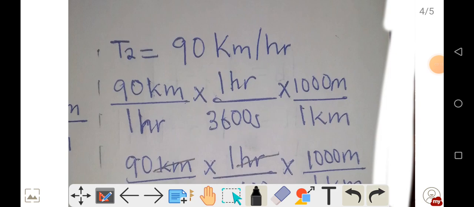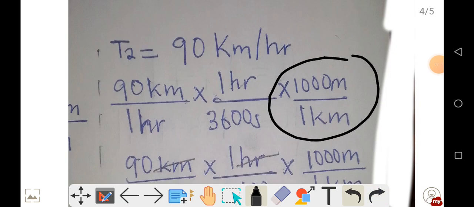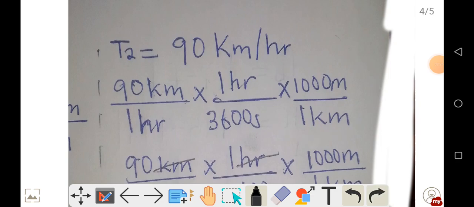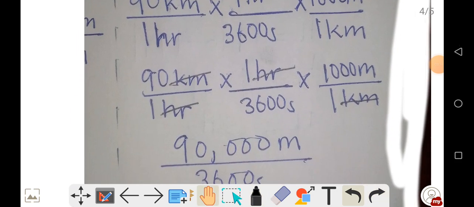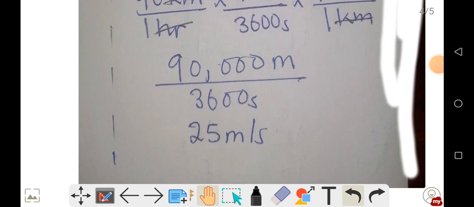The relationship of distance is written here, which is 1,000 meters equivalent to 1 kilometer. So we also punch this on a calculator, and after doing so, we are getting our speed to be 25 meters per second. So this is the speed for train 2.